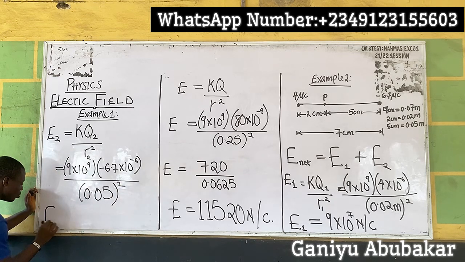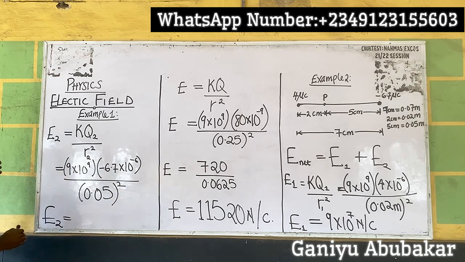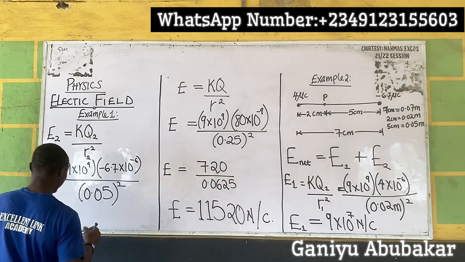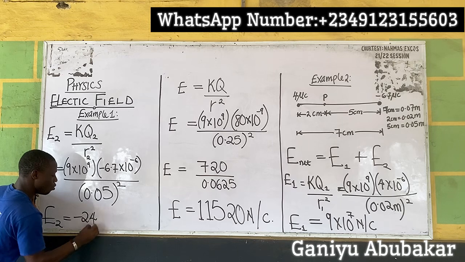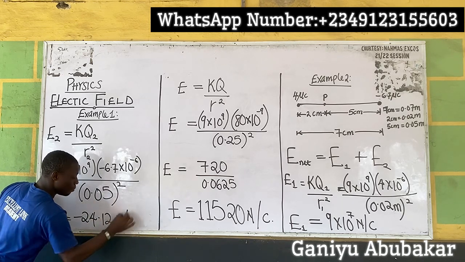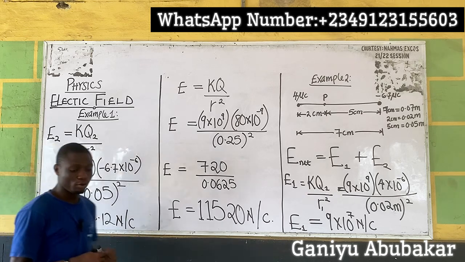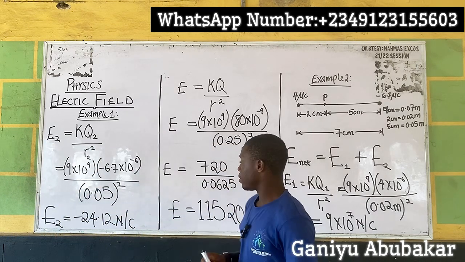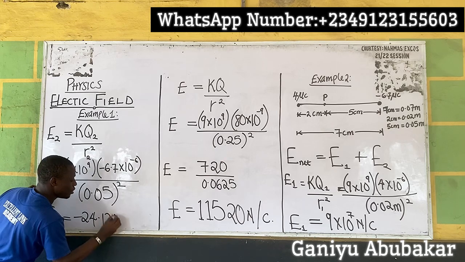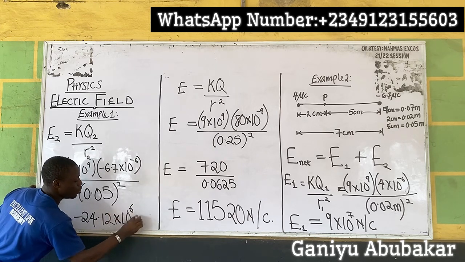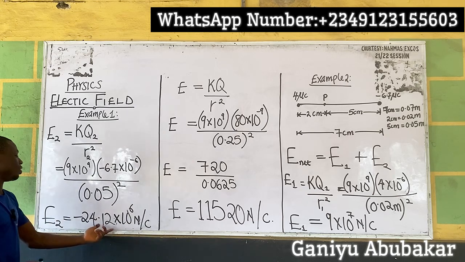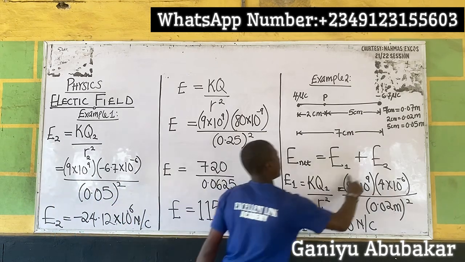So E2, if I punch the calculator, should give about negative 24.12 times 10 to the power 6 Newton per coulomb.